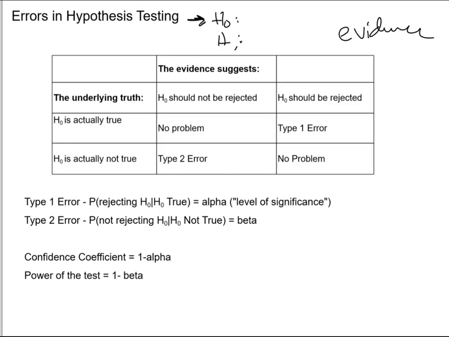We're putting the burden of proof on the evidence to convince us of what's in the claim in the alternative hypothesis, right? But there's a difference between what the underlying truth is of the situation and what that evidence is telling us, right?